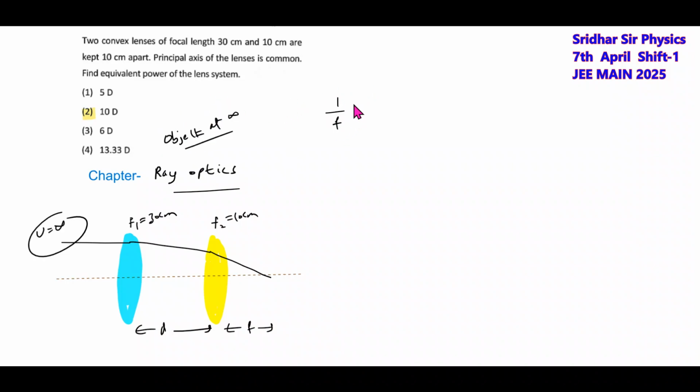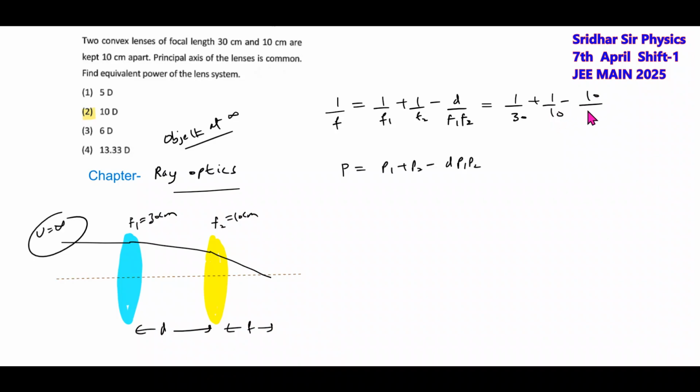Based on this condition, we are discussing it. 1 by f equals 1 by f1 plus 1 by f2 minus d by f1 f2. This becomes P equals P1 plus P2 minus d P1 P2, the effective focal length. So we can substitute the values here. f1 is 30, f2 is 10, d is 10, so 1 by 30 plus 1 by 10 minus 10 by 30 into 10.